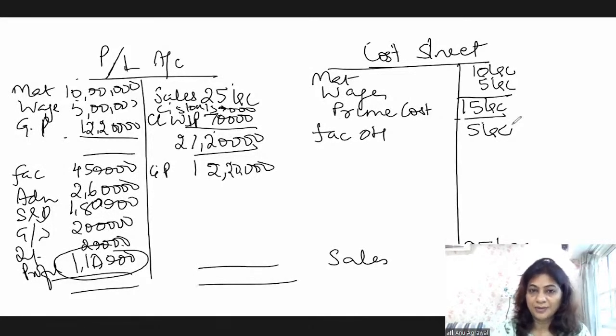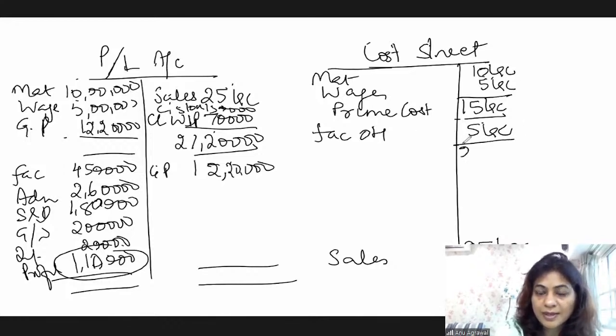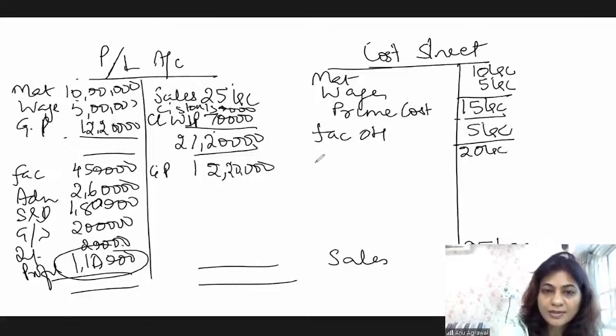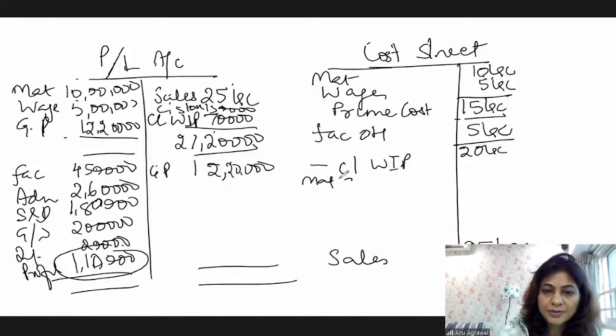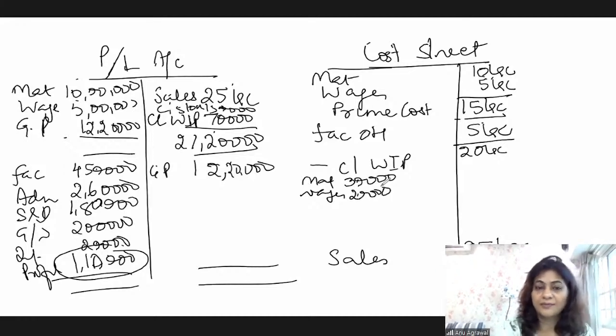Now, for the purpose of factory cost, this is 20 lakhs. Now, guys, don't you think I need to subtract my closing WIP? Now, how will I calculate my closing WIP? Material is 30,000. Wages is 20,000. Now, I'm not bothered as to what they are giving.